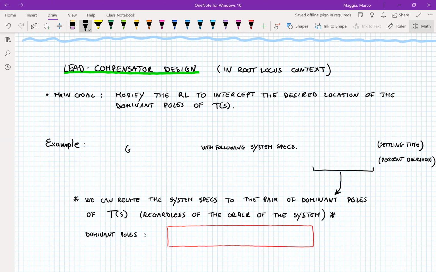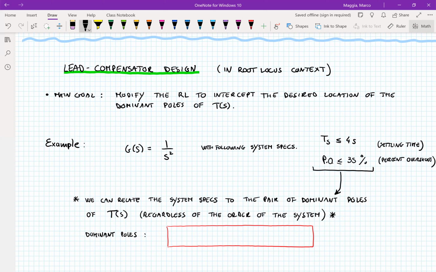So let's say that we have G of s that is equal to 1 over s squared. And we have the following system specifications or requirements. We want the settling time to be less than or equal to 4 seconds. And we also have a requirement in terms of percent overshoot, and we want this to be less than or equal to 35%.